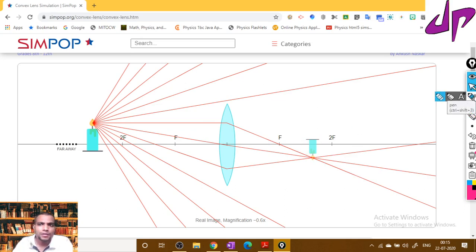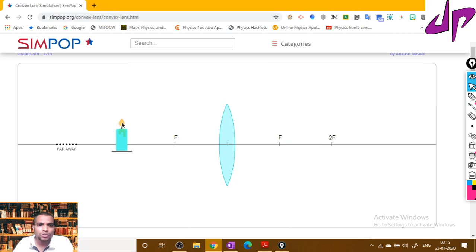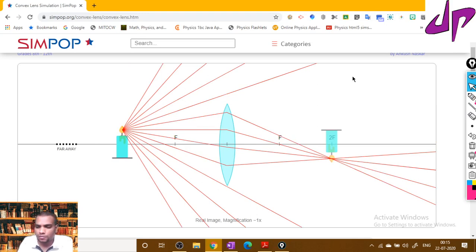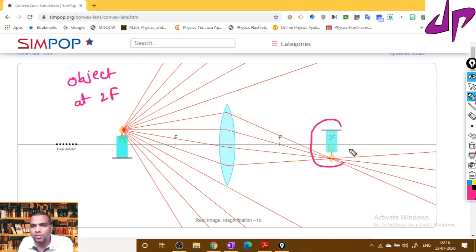Now in that case, if I place the object at 2f, where is the position of the image? The image also forms at 2f, but on the other side. Yeah, that's common sense to understand.